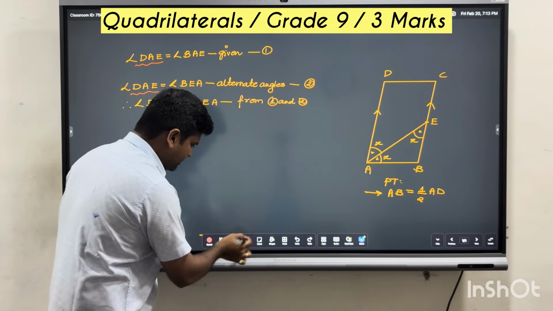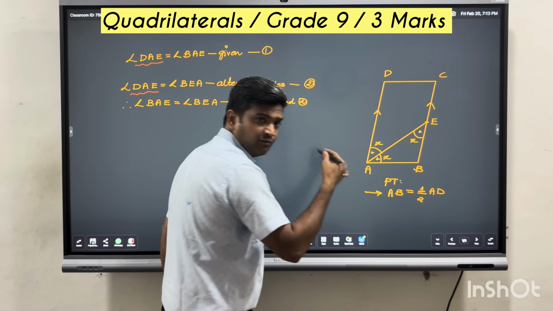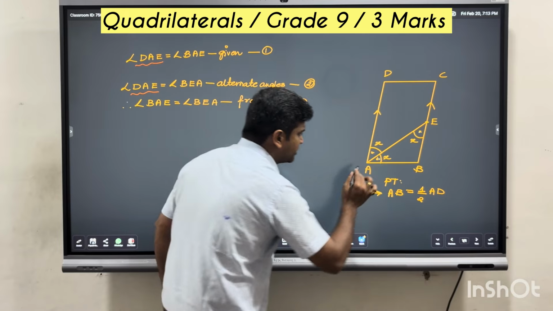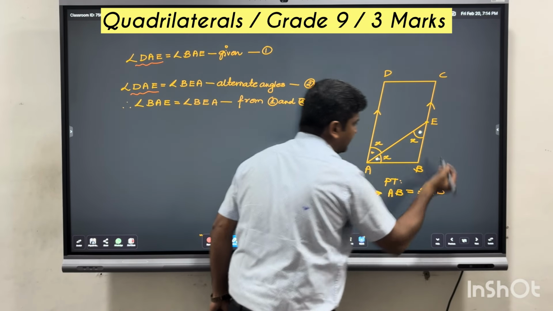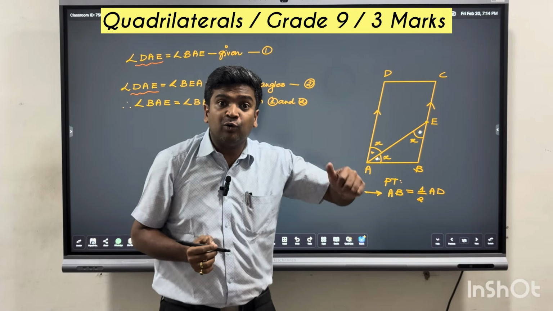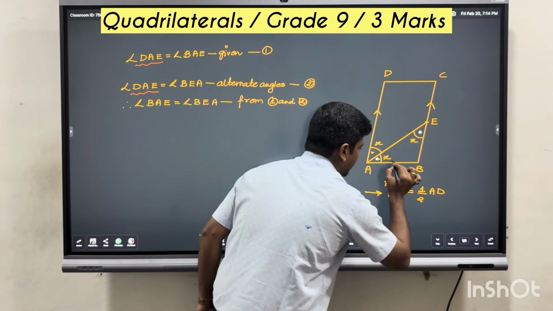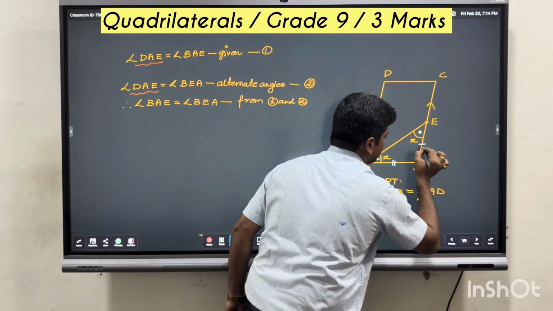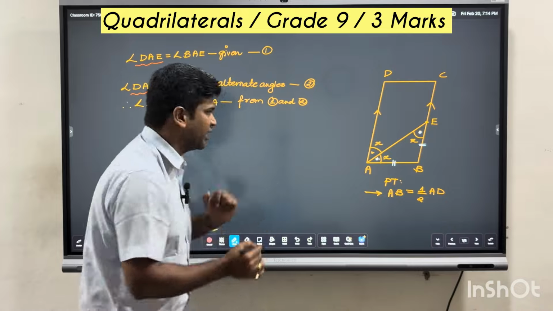Now children, please understand one more thing. If these two angles are equal, which we just proved, then in triangle AEB, this angle and this angle are equal. So I can go for the converse of the isosceles triangle theorem. I can say that AB is 100% equal to BE. Reason: converse of isosceles triangle theorem.